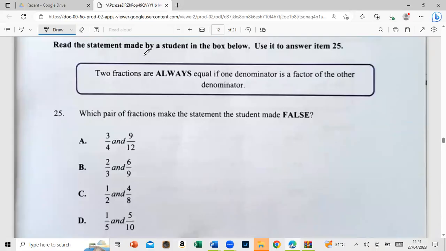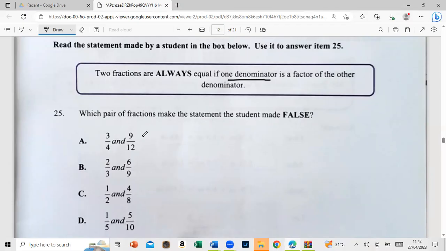Read the statement made by a student in the box. Use it to answer item 25. Two fractions are always equal if one denominator is a factor of the other denominator. Which pair of fractions will make the statement the student made false? Alright, so the student says two fractions are always equal if one denominator is a factor. Alright, 4 and 12, both are factors.